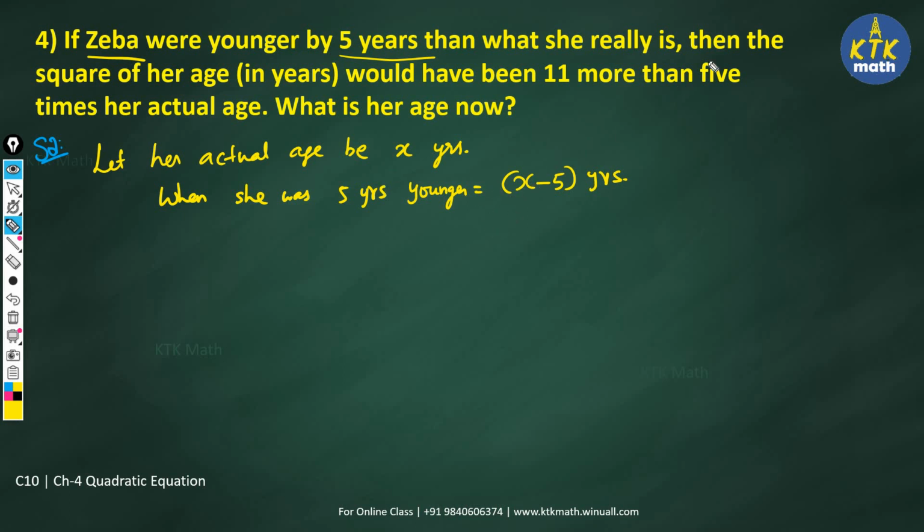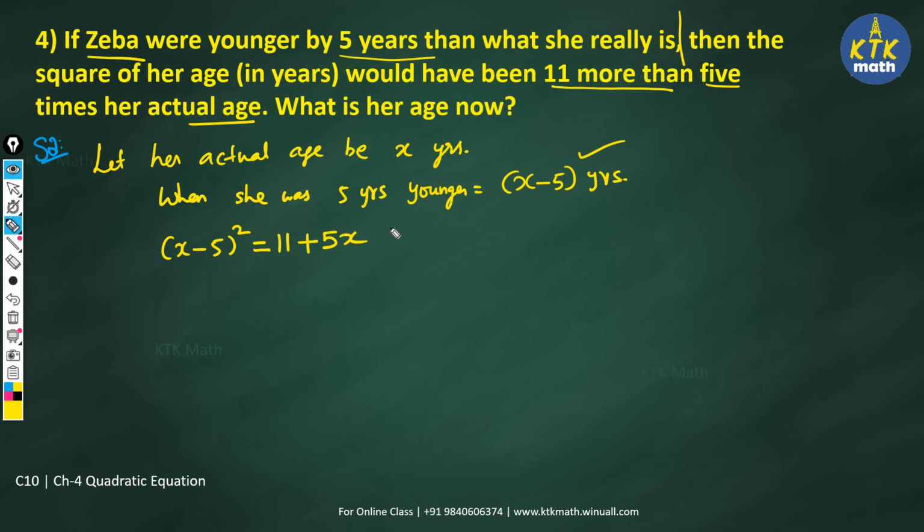Now by the question, the square of her age would have been 11 more than 5 times her age. Square of this age, that is (x minus 5) square, will be equal to 11 more than 5 times her actual age, x. That's all, I gave you the equation. Try to understand: square of her age, that is 5 years younger.